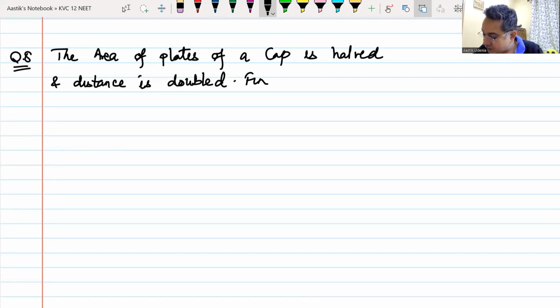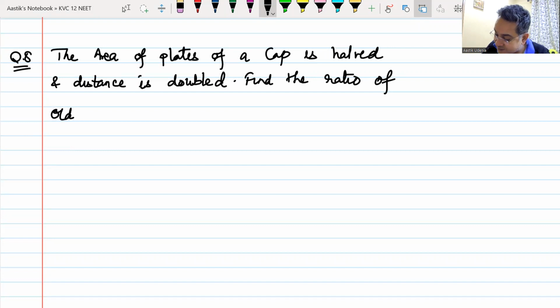Find the ratio of old capacitance to new capacitance. I hope you understand the meaning of this question. Yes or no? Okay, I'll give you 2 minutes to solve this.